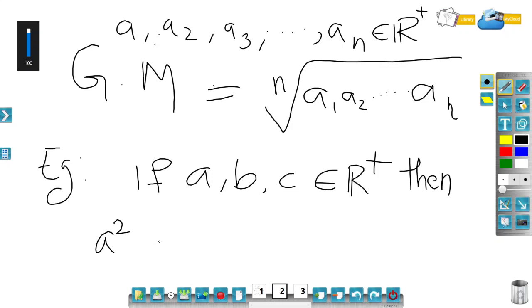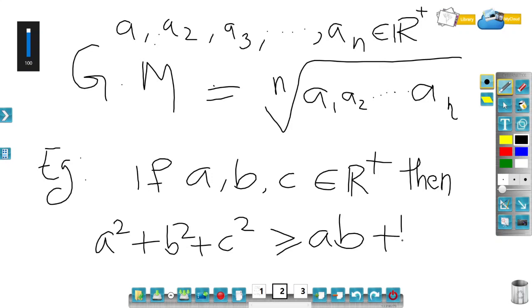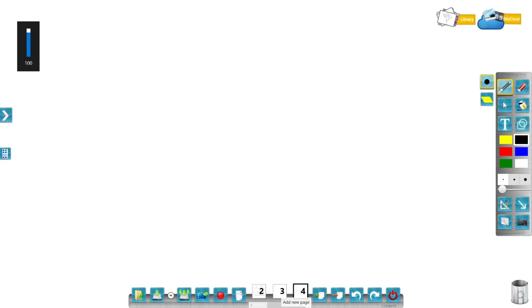a square plus b square plus c square is always greater than or equal to ab plus bc plus ac. And this proof was very simple, just 2 to 3 lines.